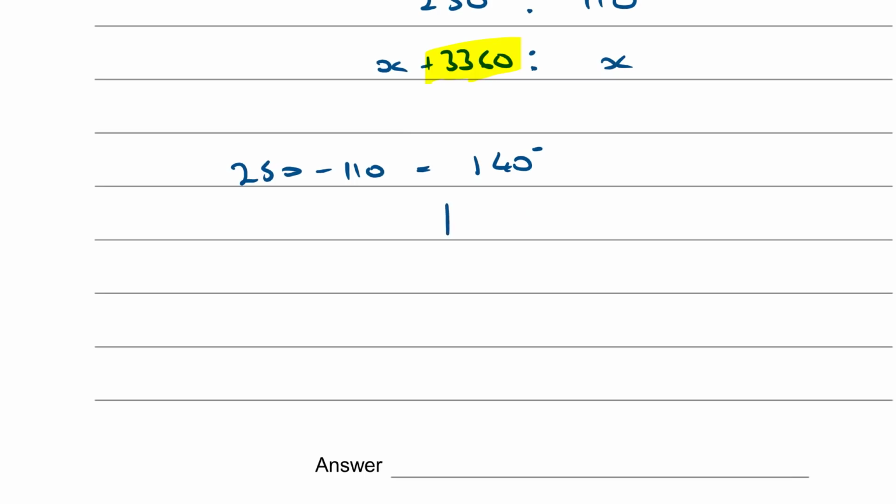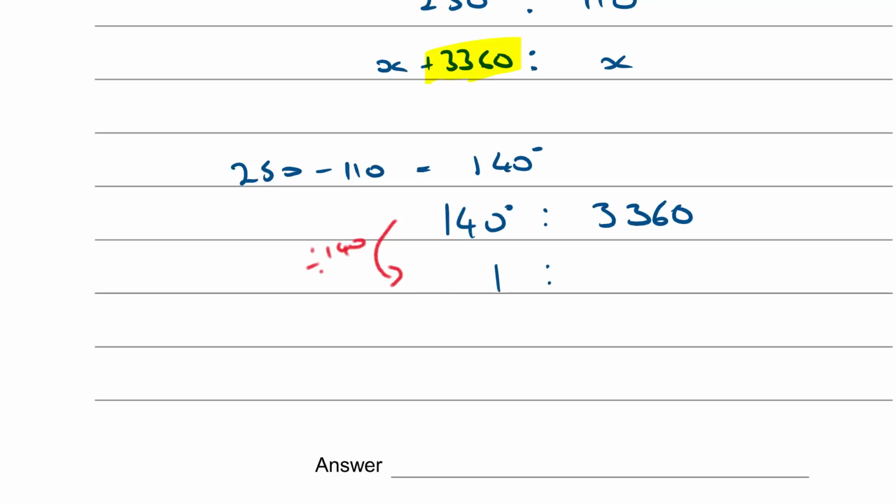So 140 degrees represents 3,360 people. So I'm going to use a method known as the unitary method, or going via 1. If I divide this by 140, I will then find out how many people are represented by 1 degree.